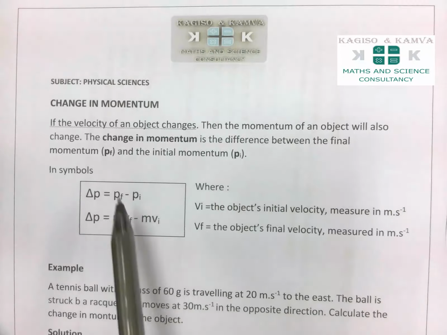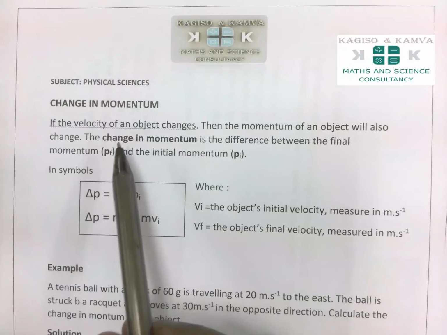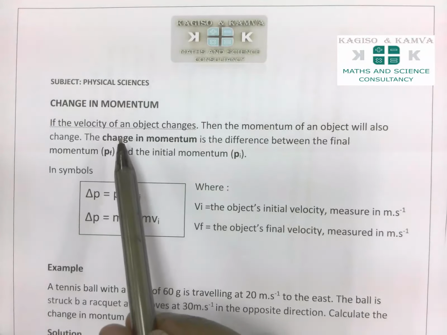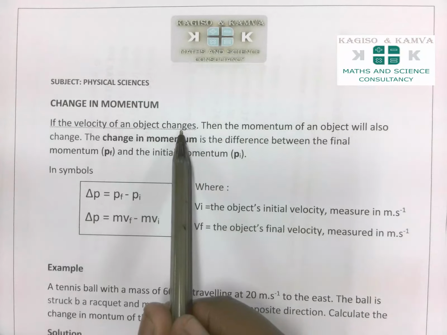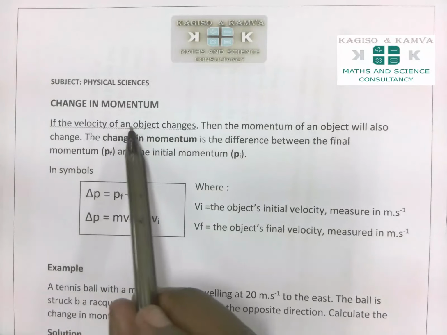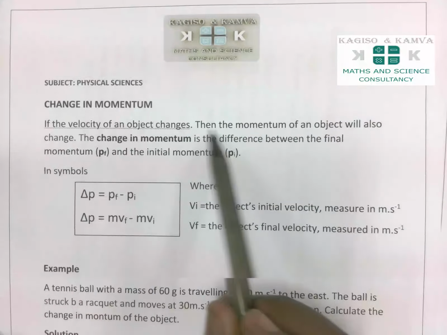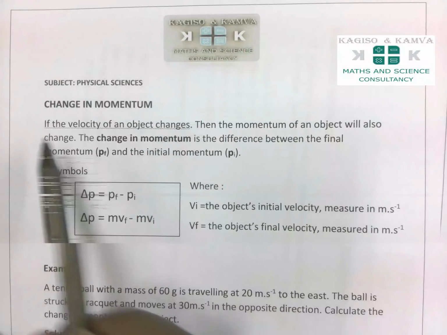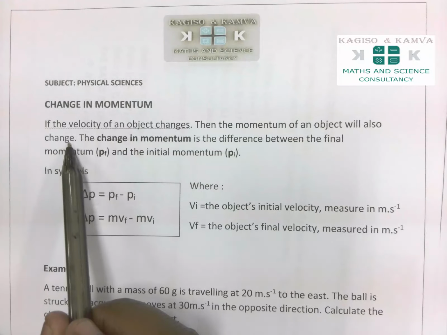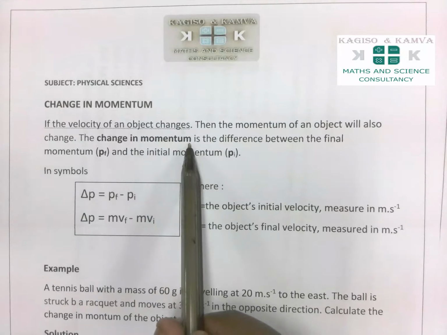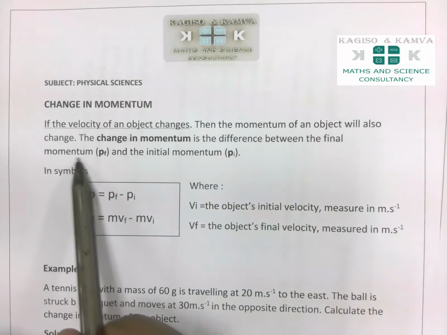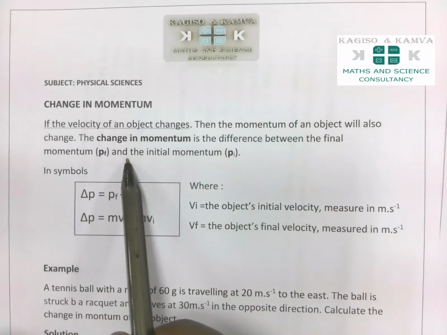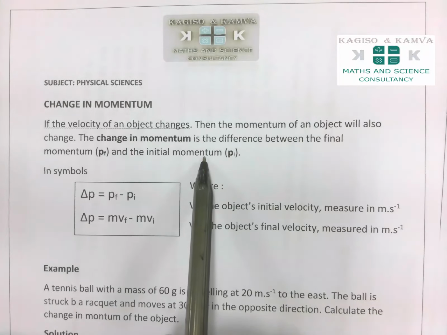Since we know that momentum is the product of the mass and velocity of an object, if the velocity of an object changes, then the momentum of the object will also change. So the change in momentum is the difference between the final momentum, Pf, and the initial momentum.